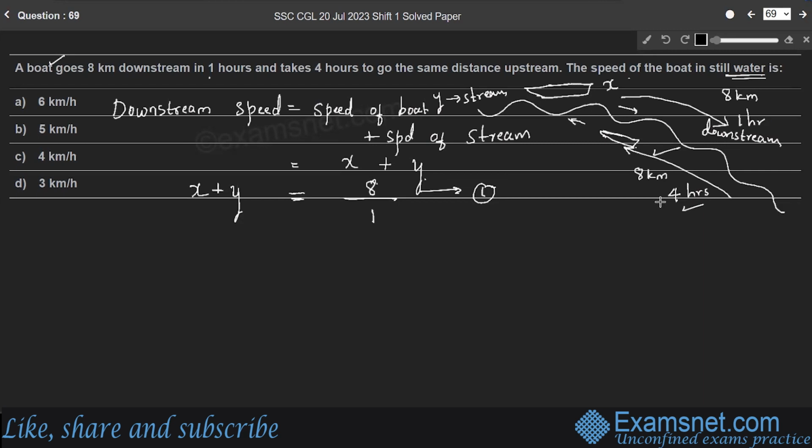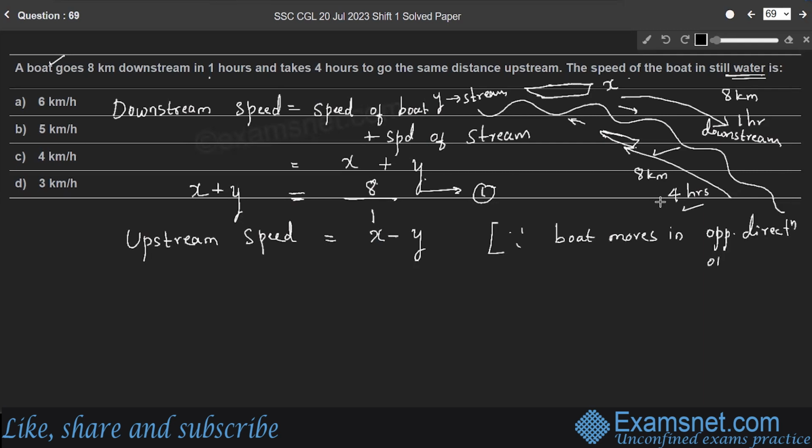Therefore, we use the term upstream speed, which is equal to speed of the boat minus speed of the stream, because the boat is moving in the opposite direction of the stream. So which is x minus y.